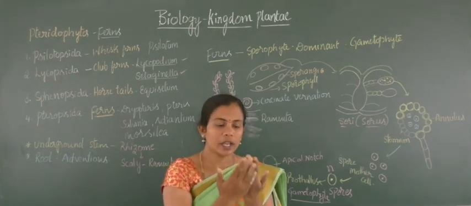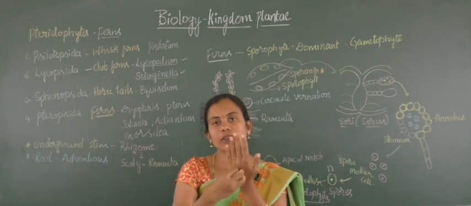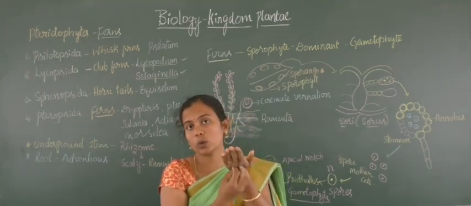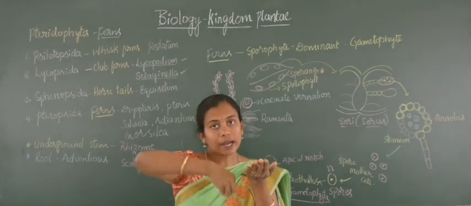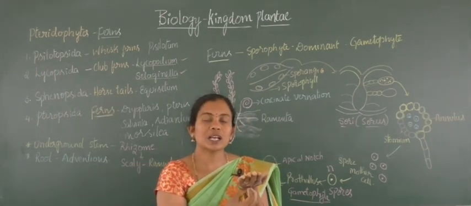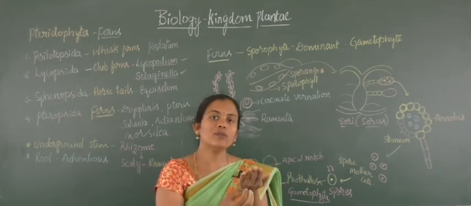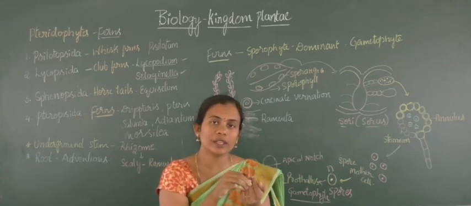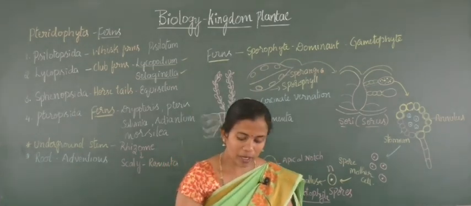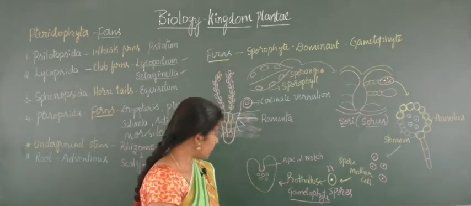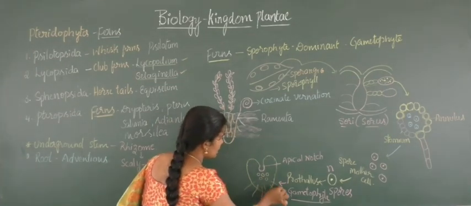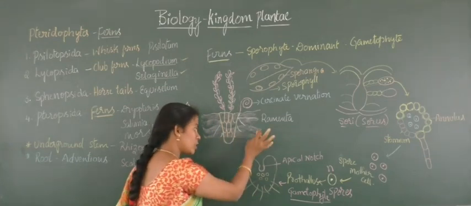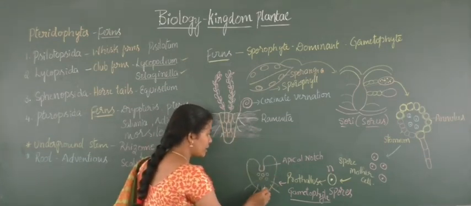Here these are the roots which are present on the ventral surface. There will be a backside region, the dorsal surface, and I am writing on the ventral region.